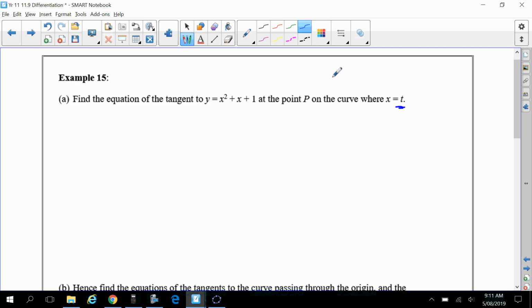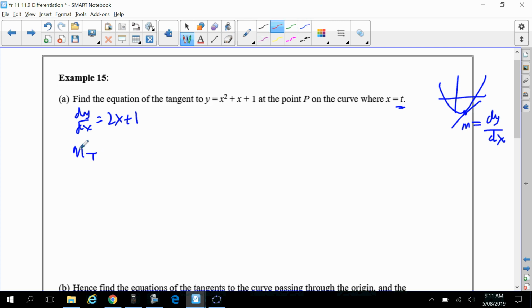To find the gradient of the tangent, let's remind ourselves, tangent is this thing. You have to find the gradient, which is the dy on dx. So how do I do that? dy on dx equal 2x plus 1. That's your first step. Then we have to find the gradient of the tangent. Notice that I switch notation. That's the derivative, not the gradient of the tangent yet. It's the gradient function.